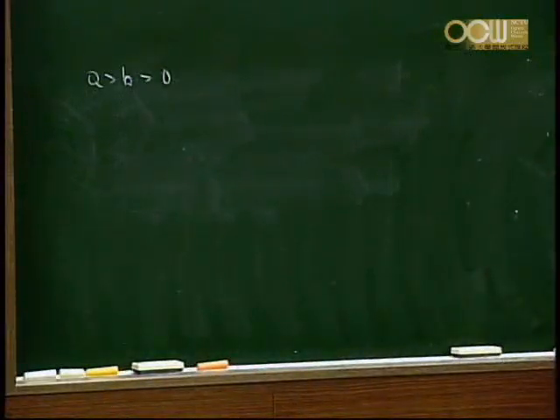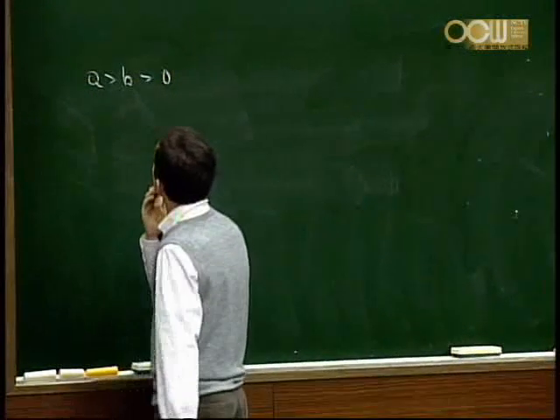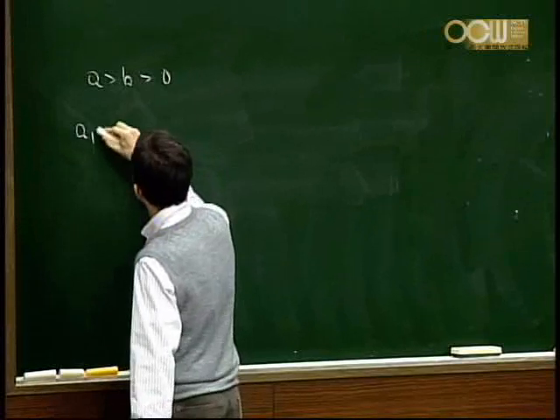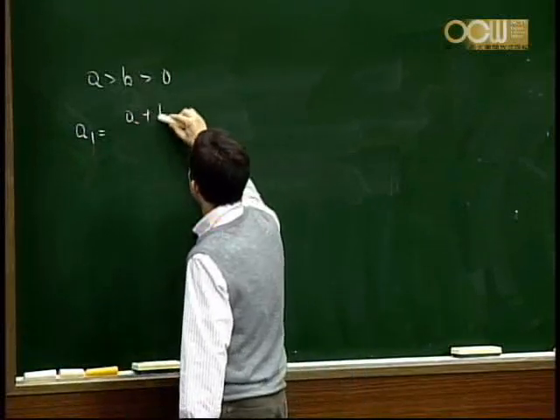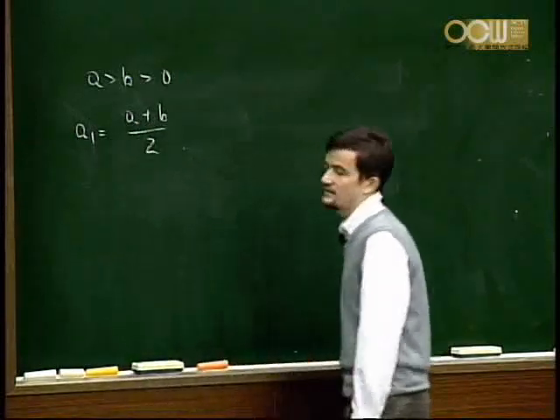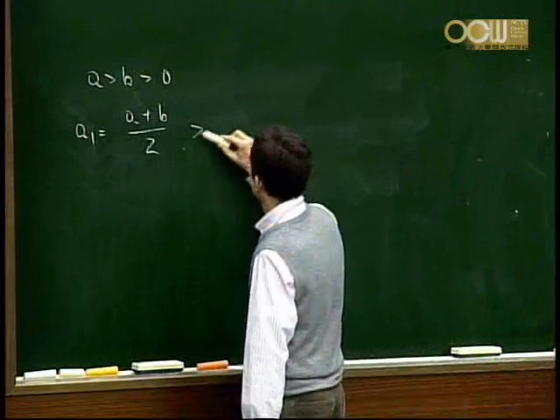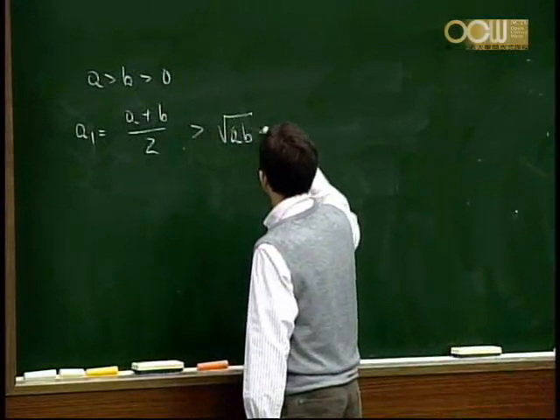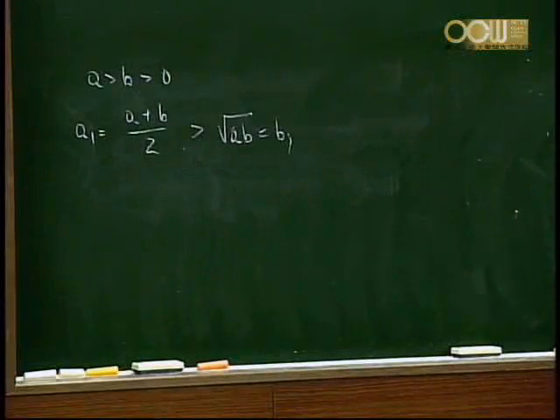Two numbers, a and b. Now, what we are going to look at is we define a1, which is (a plus b) half, the arithmetic mean, and we define b1 as the geometric mean of those numbers.